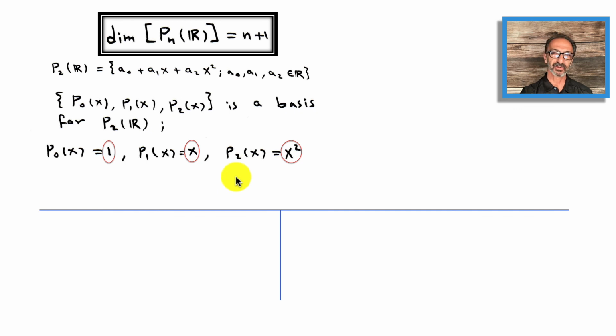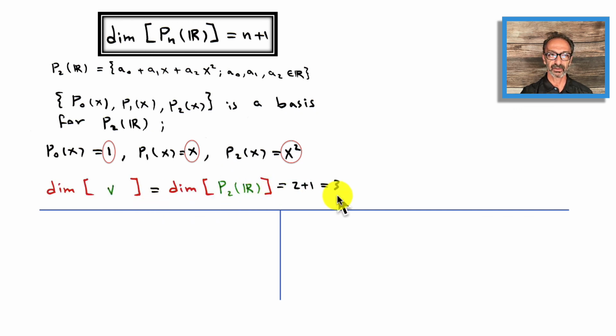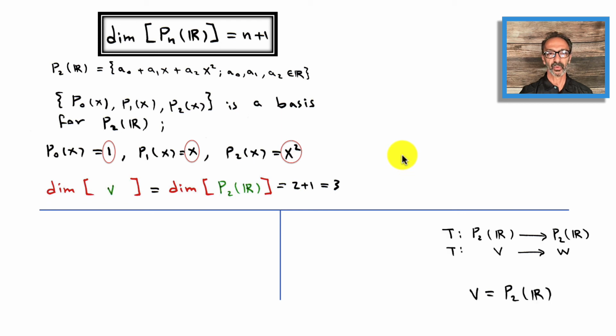So what's the dimension of V? V was P2. It's going to be 3. 2 plus 1 would be 3. And we could see why we said 3. Now, we are dealing with P2 to P2. That's my V, that's my W, and V is P2. The dimension of V is, we said, 3.